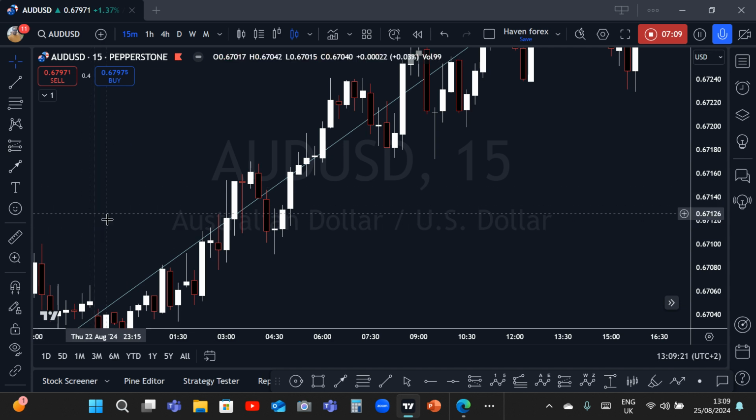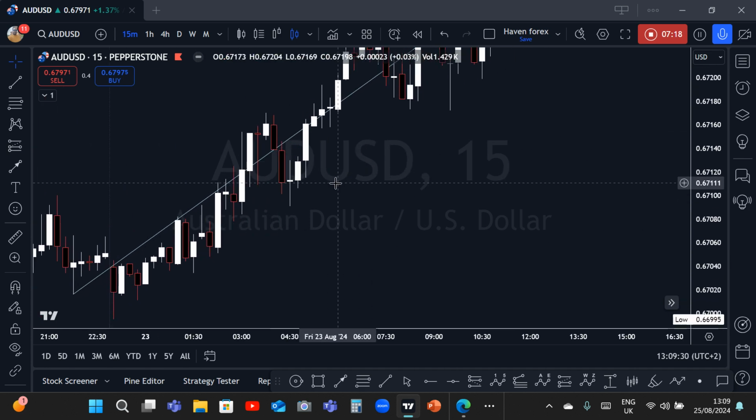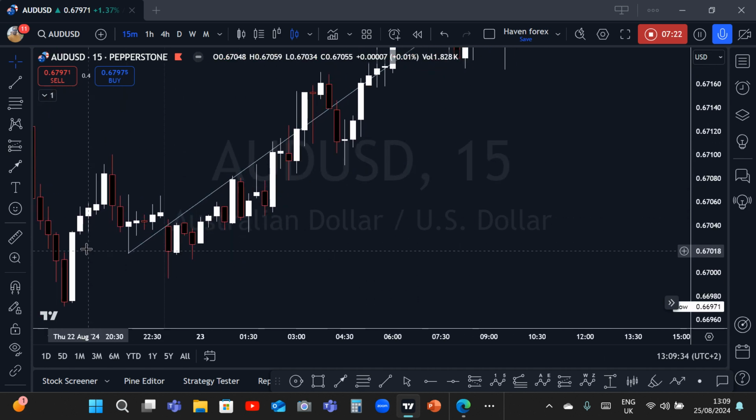At that time, the smaller time frame would have aligned and is making a pushback. That is when you see the minor structure having a bullish push while at the same time having a pullback.